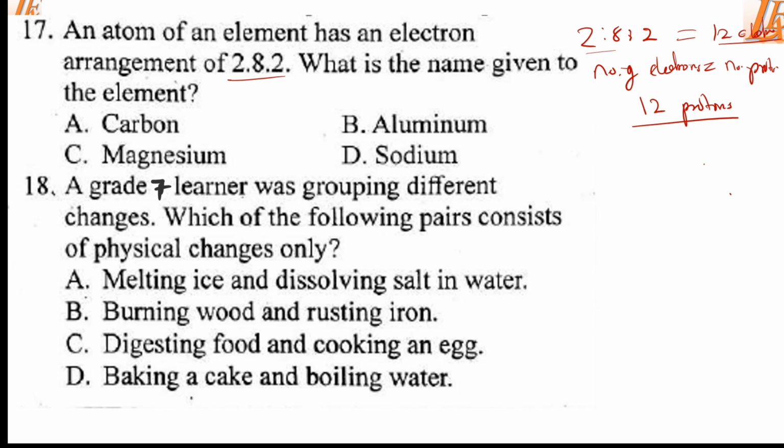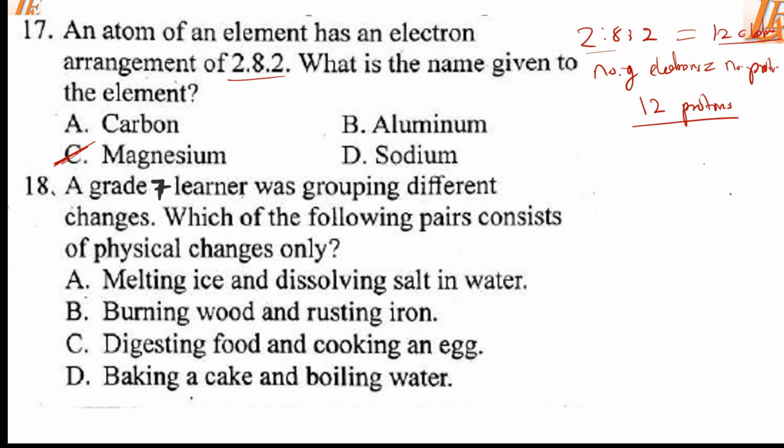Now, what is the chemical identity of an atom with 12 protons? The chemical identity of an atom with 12 protons is magnesium. So in this case, the correct answer is C. Atomic number 12 is magnesium.